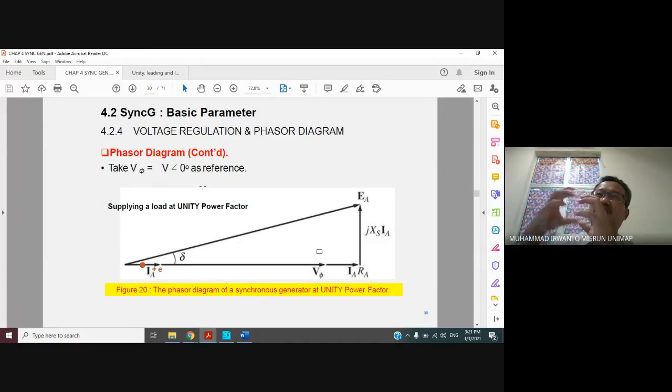If the synchronous generator is loaded by only a resistive load, make sure that voltage and current are in phase.